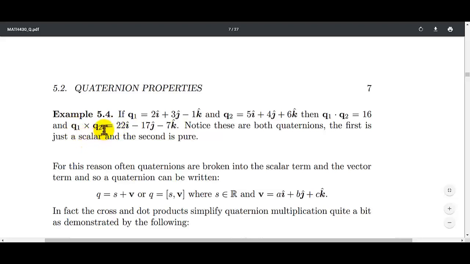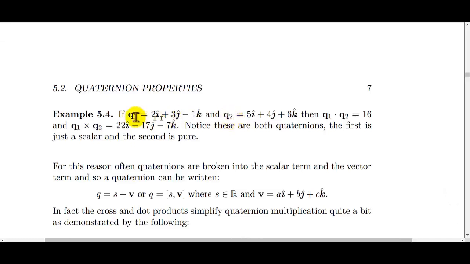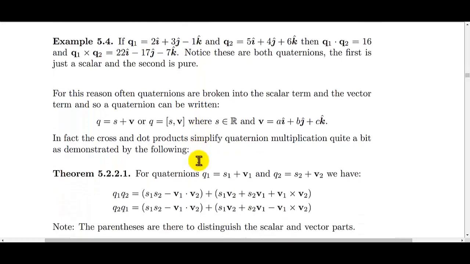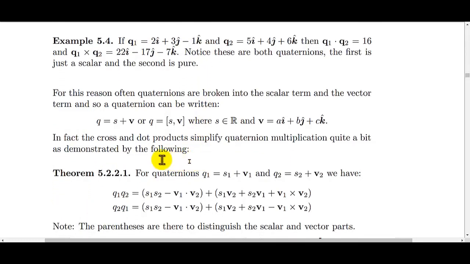Note that we can do this because q1 and q2 are pure quaternions. They are vector quaternions. Many times when we write a quaternion q, we denote it by s plus b, where b is the vector part, or we write q equals to this expression, where s is a real number and b is a vector.